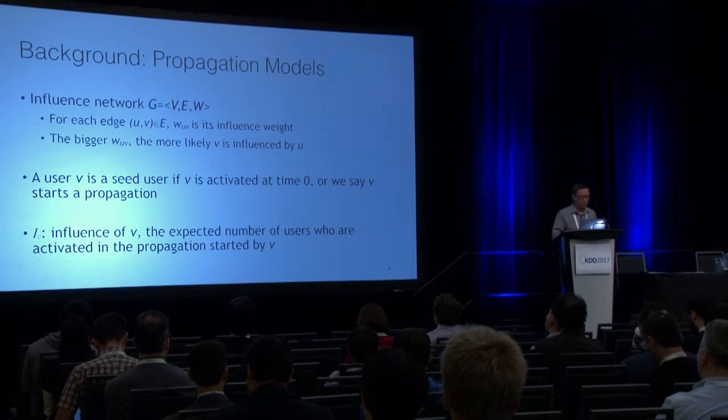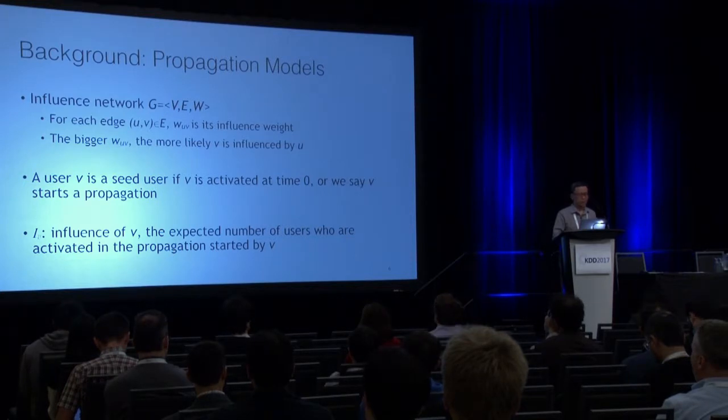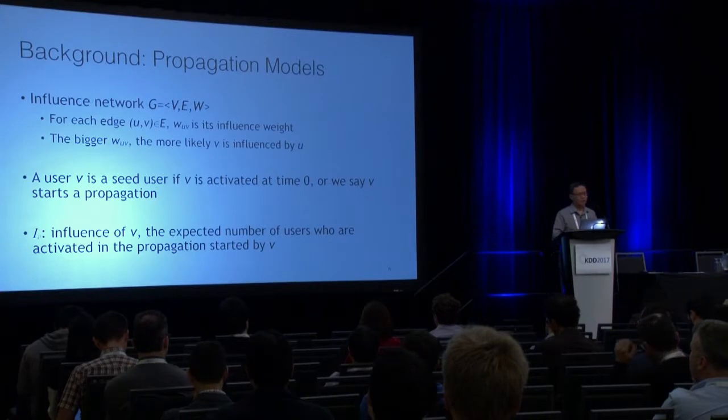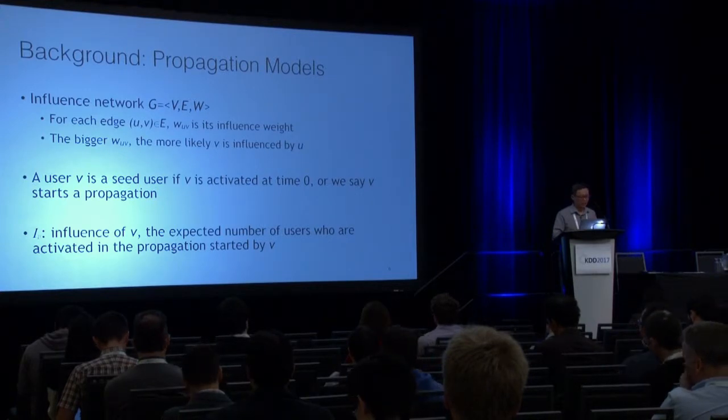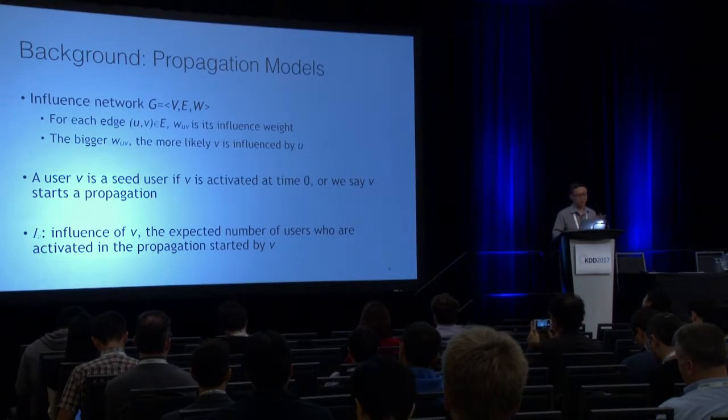The bigger the weight, the more likely node V is influenced by U. And we say a user V is a seed user if V is activated at time 0, or we say V starts a propagation. What we are interested in is I(V), the influence of the node V, which is the expected number of users who are activated in the propagation started by V.